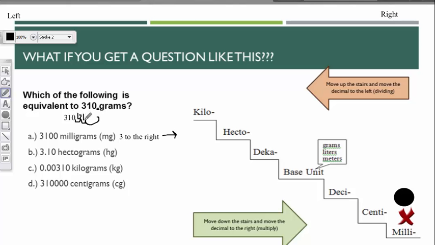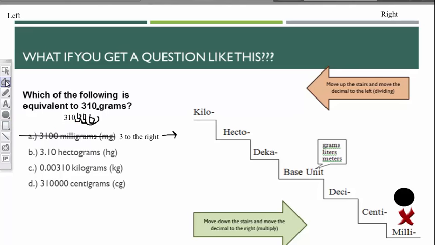Oh, so that means I would have how many zeros after the 31? I'd have 4. 1, 2, 3, 4. We only have 2 zeros. Not correct. My new answer you can see is 3, 1, 0, 0, 0, 0. There's 4 zeros in there. Nope, can't be A. Not correct.